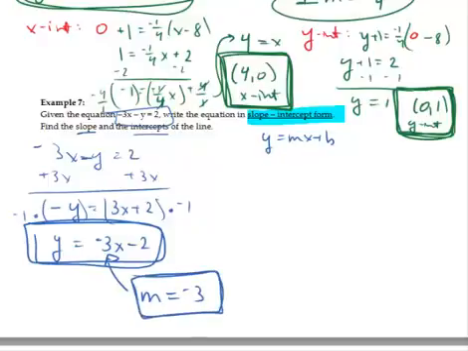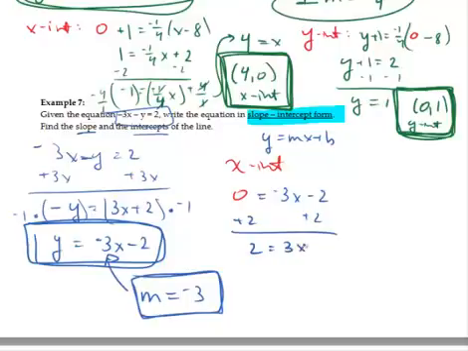And to find the x and y-intercepts, x-intercept means 0 for y. So our x-intercept will be negative 2/3, comma 0.